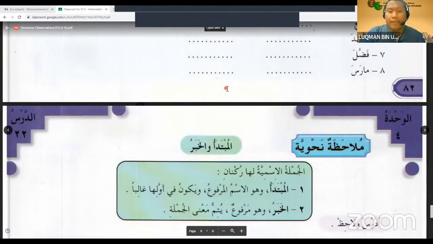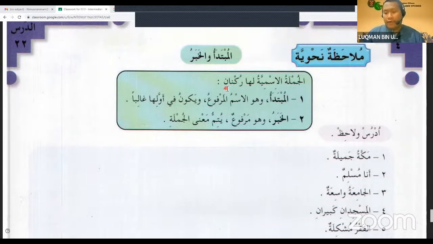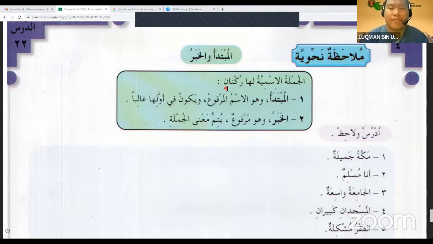Then last topic for our session today is al-mubtada'u wal-khabar. Al-mubtada'u wal-khabaru, the subject and the predicate. So, al-jumlatul ismiyatu laha ruknan.